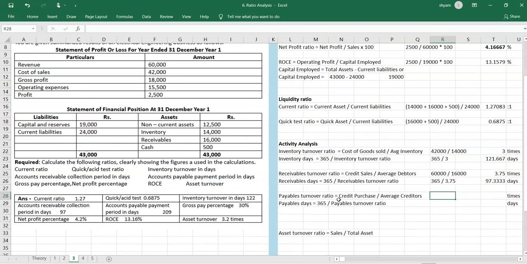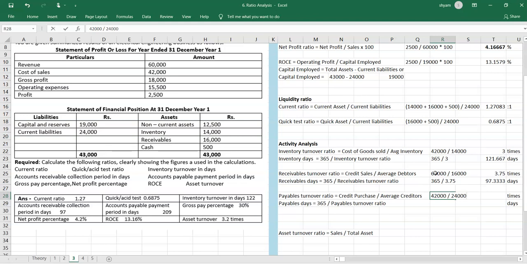So for a payables turnover ratio, we have to get the credit purchase. If it's not available, you can get the COGS. So COGS is 42,000 divided by the creditors. Creditors we can assume, as there's no other creditors, we can assume the entire current liabilities to be the creditors.